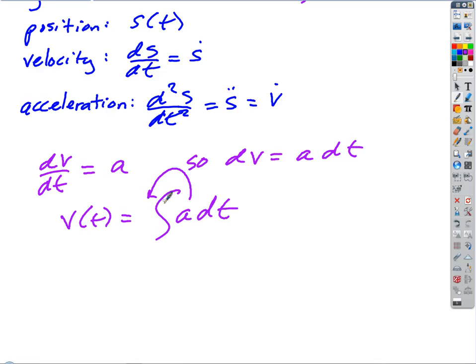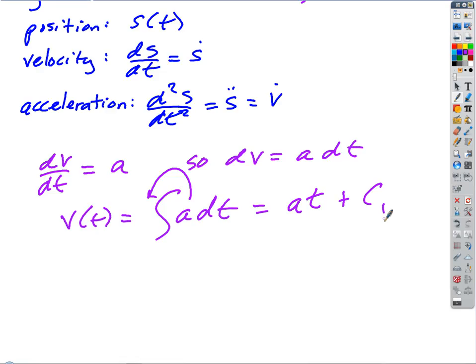What's the integral of dt? T, isn't it? It's really just a 1 dt, and the derivative of what is 1? Well, t, right? If t is the variable that we're differentiating with respect to, right? So this is just equal to at plus some constant.